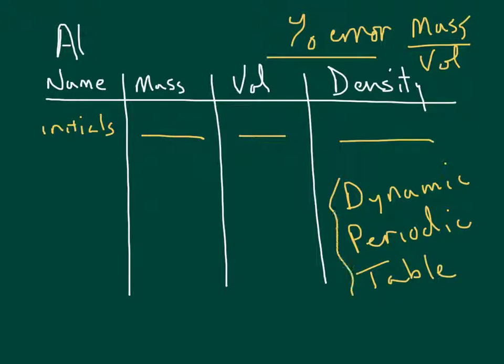You can search that, or you can go to Wikipedia. Just type the name of the element in a Google box, and probably one of the first options that comes up is Wikipedia. In the right hand side of the page you have a listing of properties, and one of those properties is going to be density. Okay?